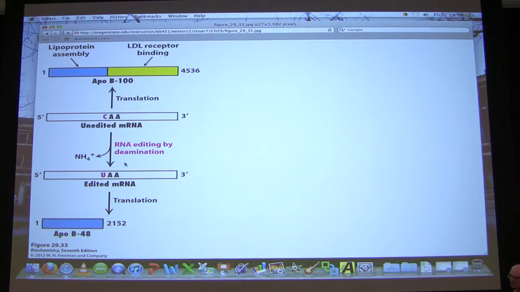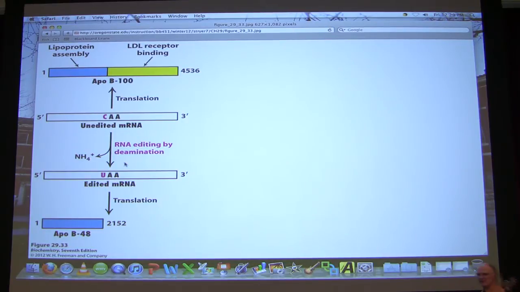Now, there's another place where the term editing is used, and I'll mention it briefly, but you're not responsible for it. There are a group of lower eukaryotic organisms called trypanosomes. They have a very bizarre type of editing. At many places within a final messenger RNA in trypanosomes, they will physically insert A residues.